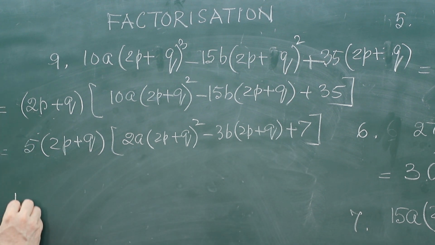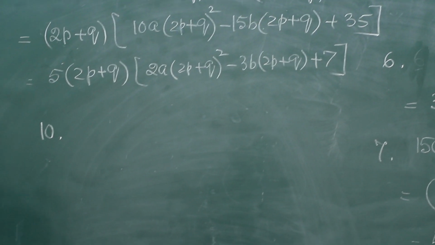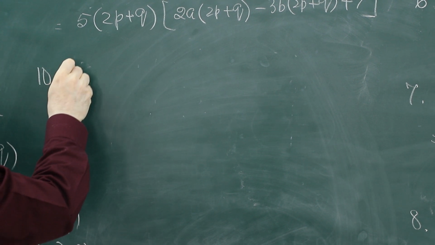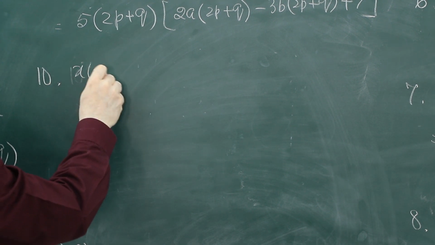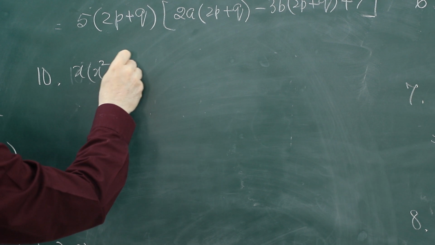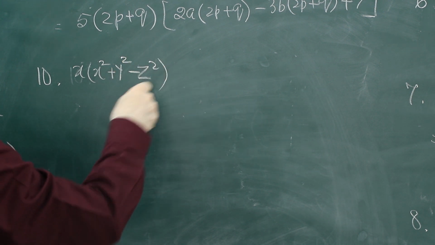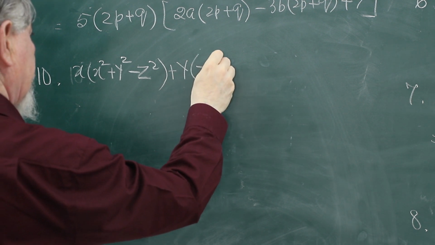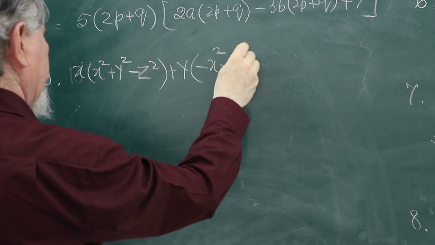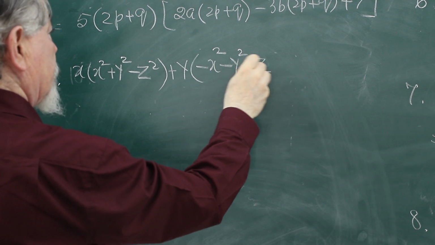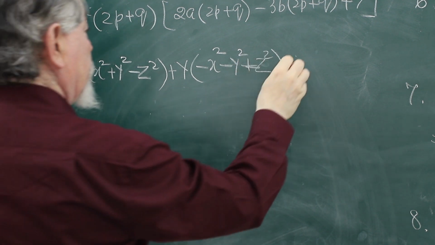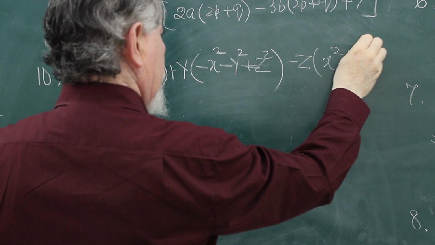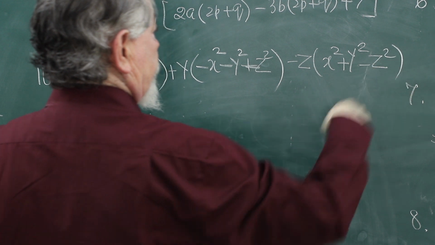Now let us see the last question on this bit. It is x(x^2 + y^2 − z^2) + y(−x^2 − y^2 + z^2) − z(x^2 + y^2 − z^2).